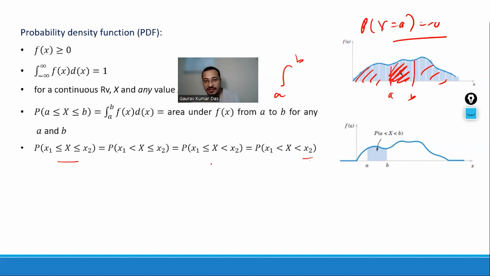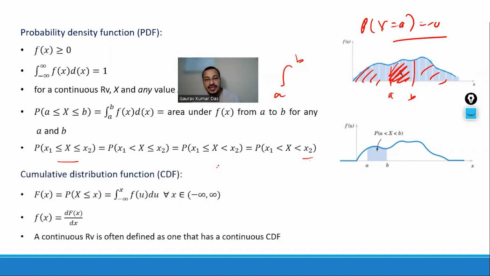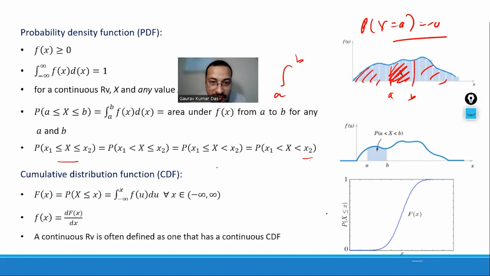If you move to cumulative probability, it's almost the same thing, but cumulative probability by definition means that we can find the cumulative probability of a continuous distribution function as well. The difference between CDF and PDF is that the limit changes from minus infinity to X. In the probability density function, it was between intervals, A to B, C to D, whatever it is.